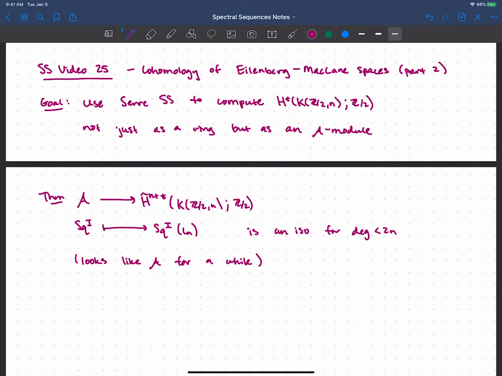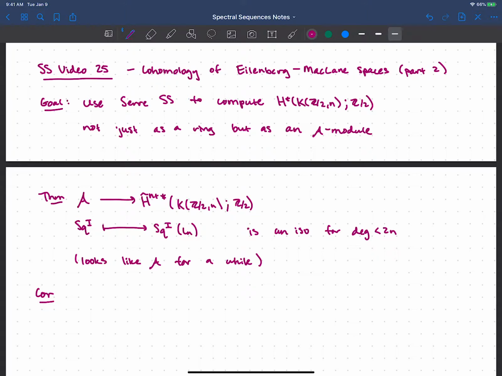Well, really this K(Z/2, n), our Eilenberg-MacLane space, is n-1 connected. So there's nothing interesting up until we get to degree n, and that first interesting thing is this fundamental class, iota n. And then from degree n up to 2n, we're seeing something that looks like the Steenrod algebra. Okay, so we'll see more and more of the Steenrod algebra if n is larger.